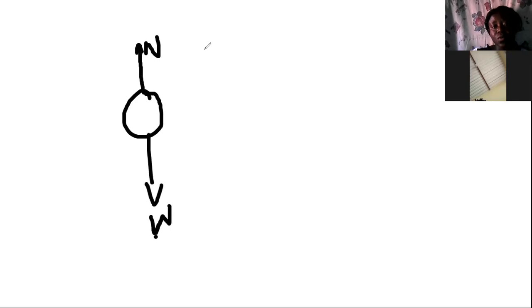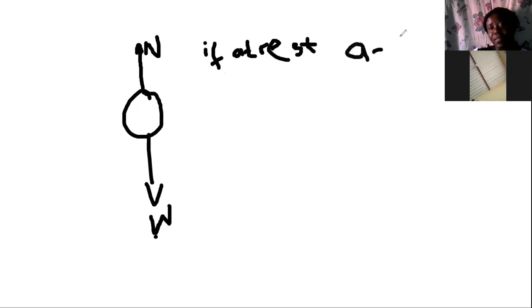If you are not moving, there is no acceleration upon that object. When you are at rest, you don't have any acceleration. Then we say that the acceleration is equal to 0.